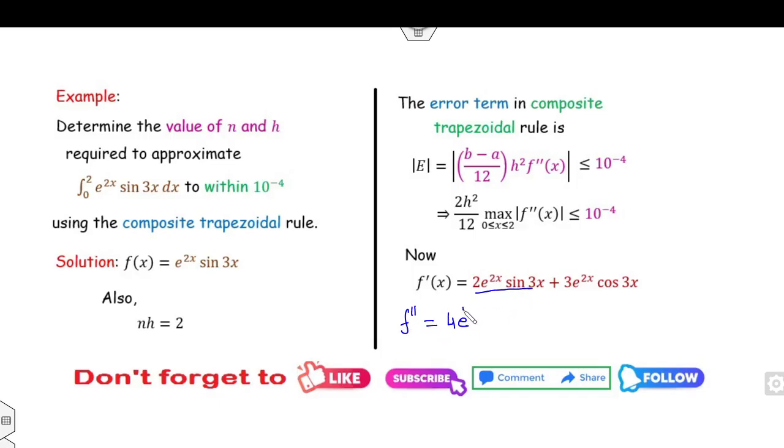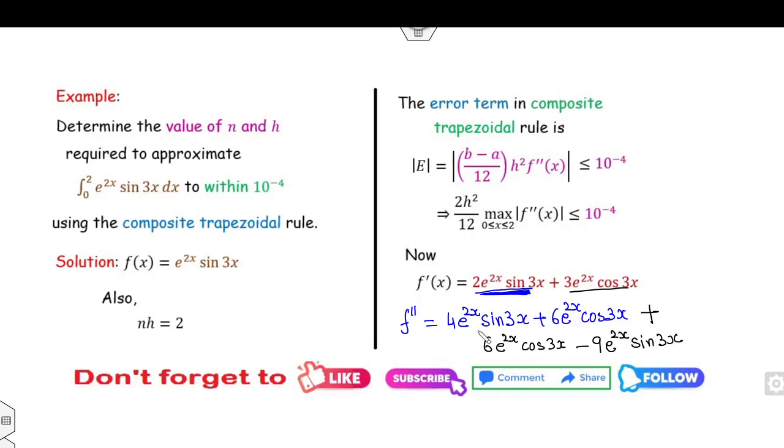The first term is e raised to power 2x into 2 times 3 cos 3x, plus 3 times 6 e raised to power 2x cos 3x. This is the product rule of this part. Plus you can apply the product rule on this. So 6 e raised to power 2x into cos 3x minus 9 e raised to power 2x sine 3x.